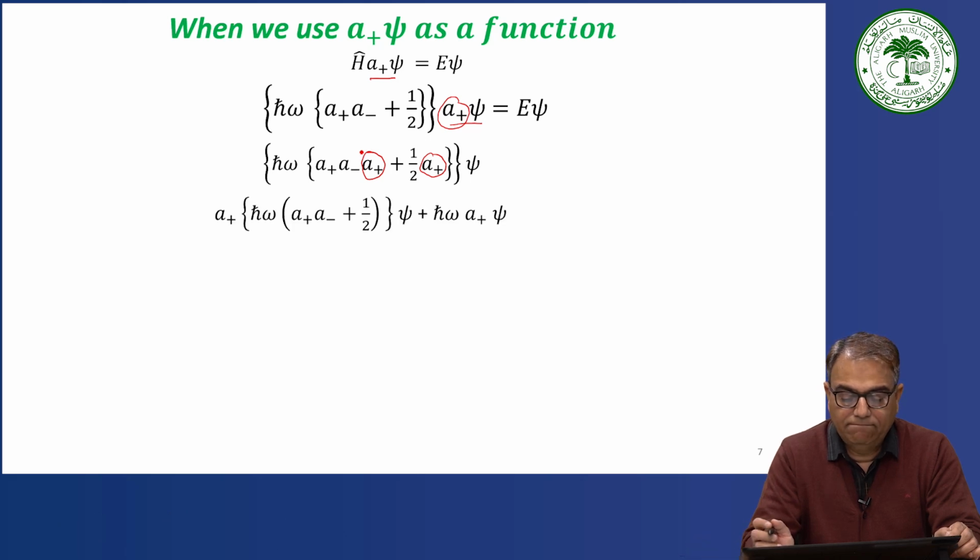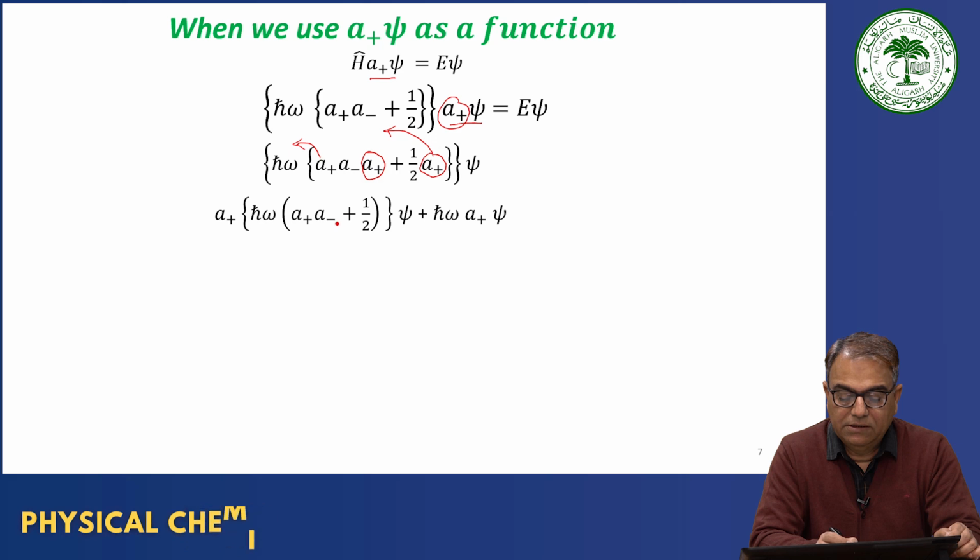If you take this A plus outside, then you have h cross omega A. Since you have A plus on this side, you can bring it here. In this term you also have A plus, so you can bring it outside, and now you have A h cross omega A plus A minus plus half psi, h cross omega A plus.